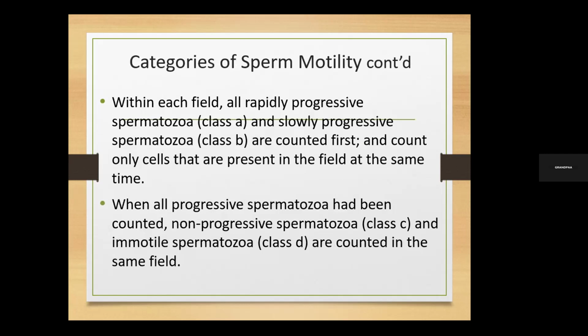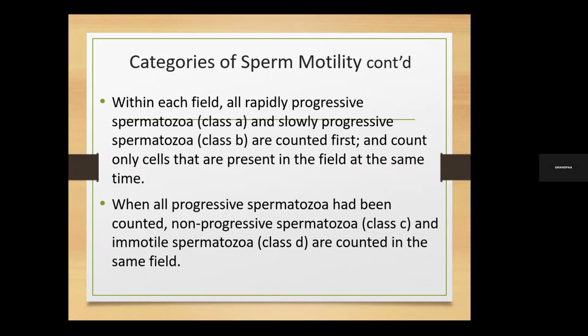So how to go about it practically? Within each field, all rapidly progressive spermatozoa, which is class A, and slowly progressive spermatozoa, which is class B, are counted first.